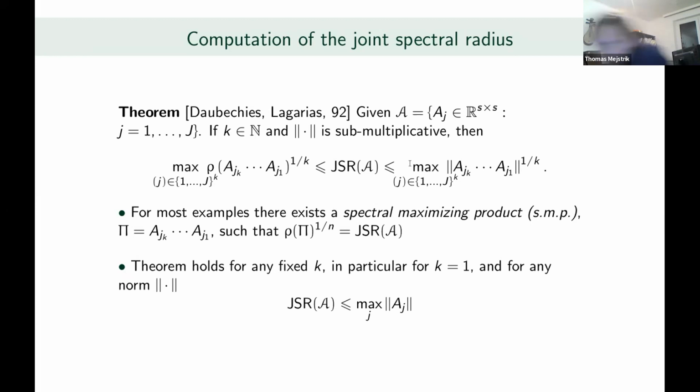So we could hope that we find a norm such that the joint spectral radius is attained for matrix products of length 1. And if we have this, we can construct such a norm. We have a strict lower and upper bound, so we computed the joint spectral radius exactly. And now the IPA exactly tries to do this.